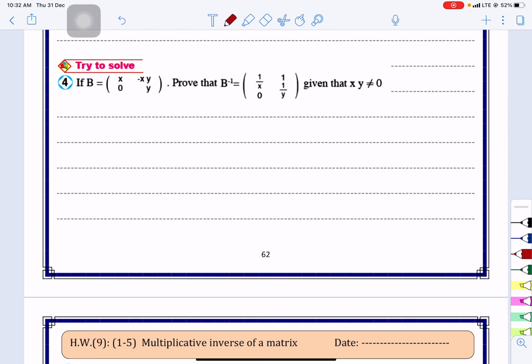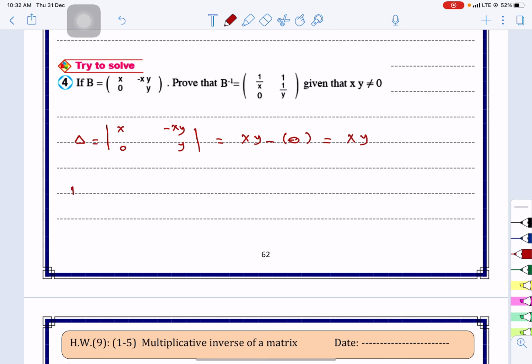If P equals the matrix x, negative x, y, 0 and y, prove that P power negative 1, the multiplicative inverse of P, equals this matrix. At first I will get delta of the matrix. Multiply the principal diagonal, xy minus negative x times 0, equals xy.